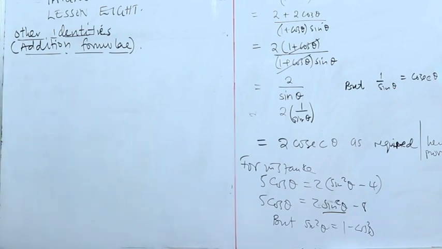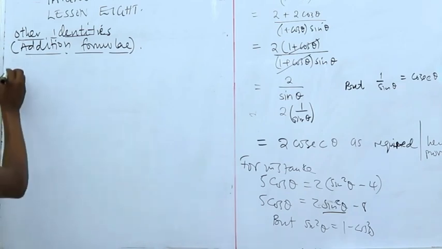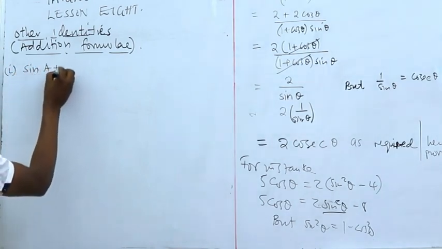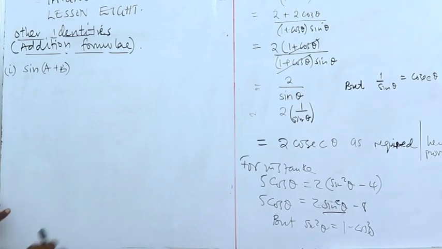Now, if we have sine of A plus B, these are two angles.